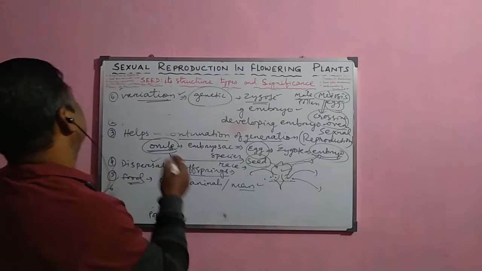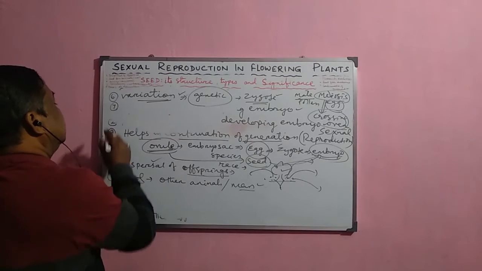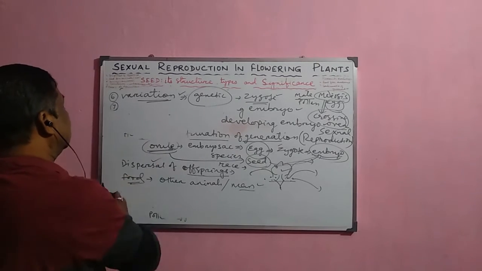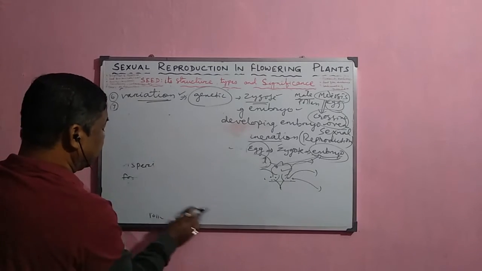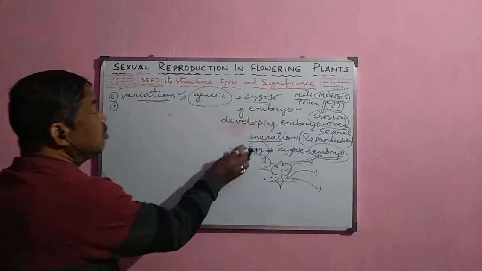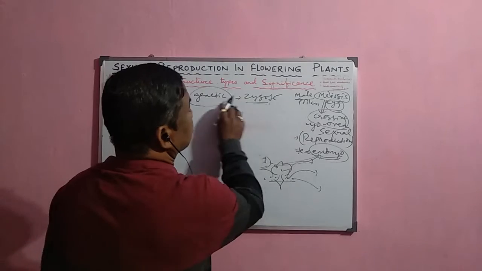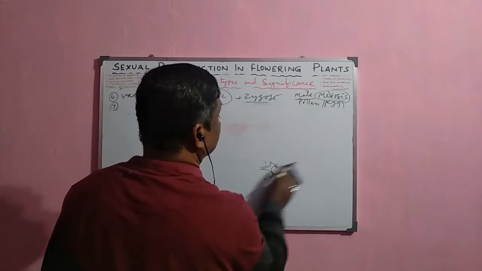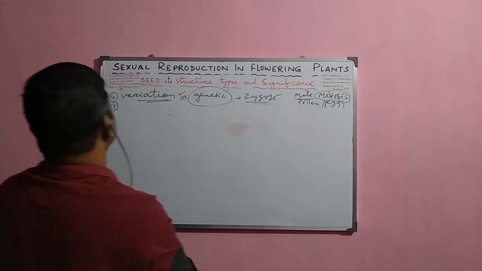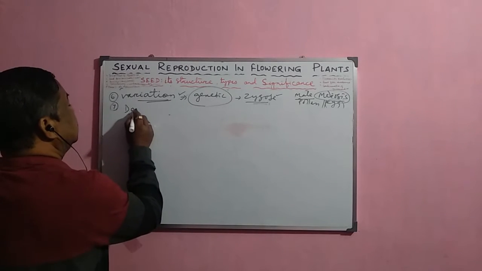Now the next one, if the unfavorable condition is there, then the seeds normally protect the embryo from damage or from drying or from death. So that process is called dormancy. Then what is this dormancy?